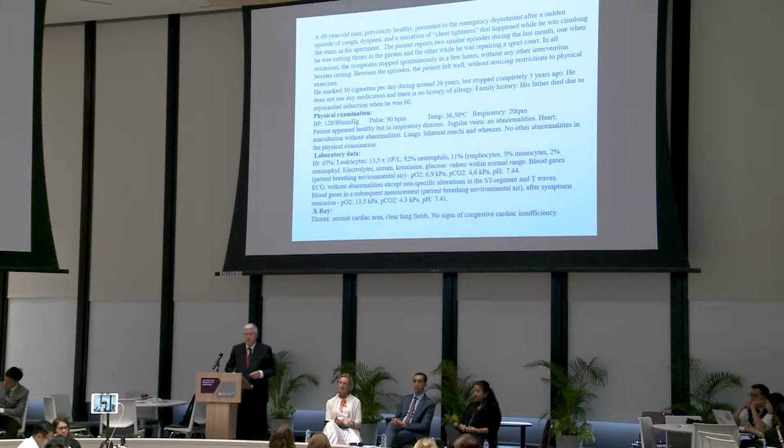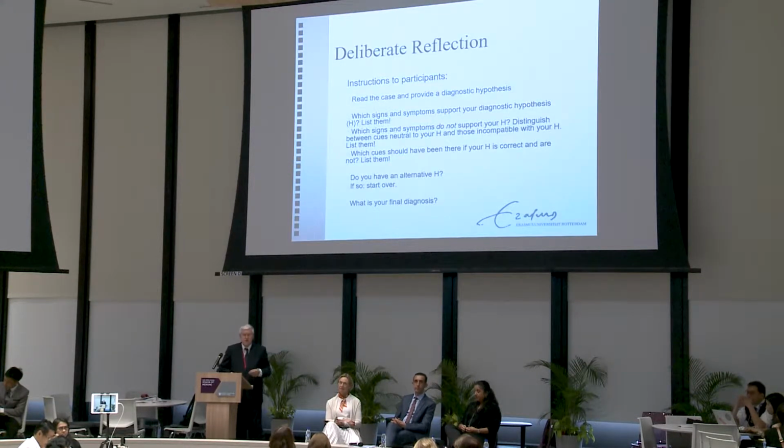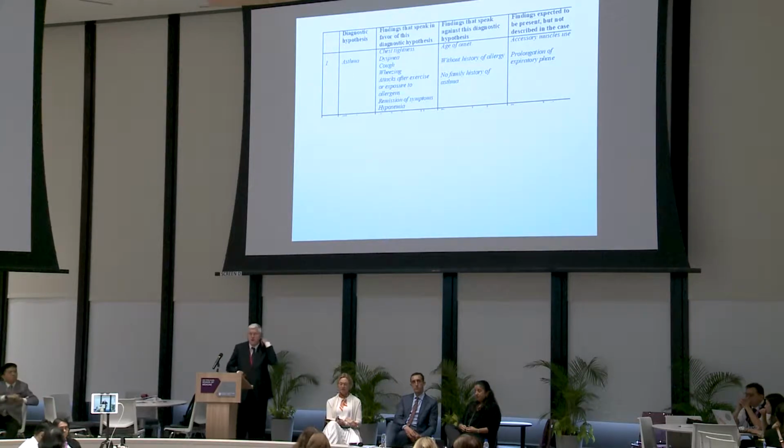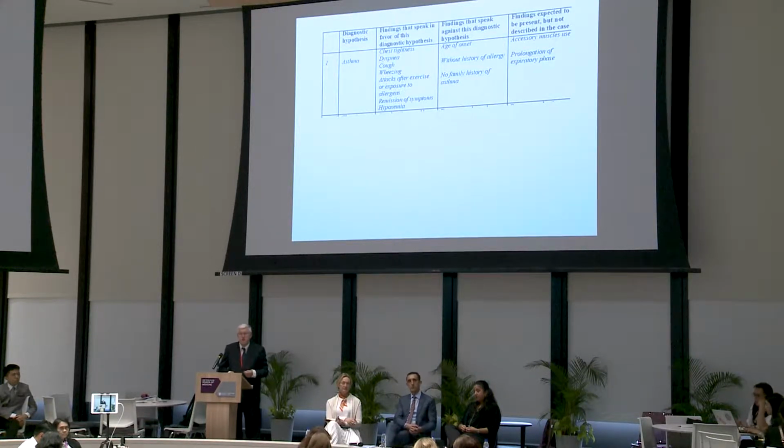Now, this is the description of the procedure if a student would work on a case like this. He or she would say, yeah, I think this person has an attack of asthma. And then she would write down chest tightness, dyspnea, cough, wheezing, attack after exercise or exposure to allergens, remission of symptoms, hypoxemia.